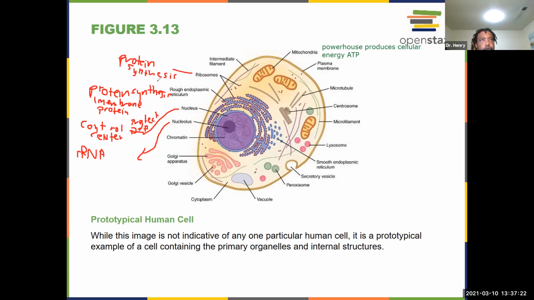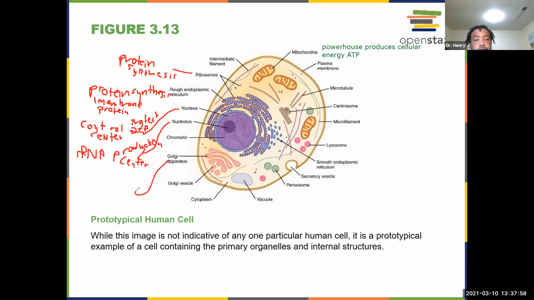And so these RNA structures are what are responsible for building our proteins, your protein synthesis. So all of the RNA needed for your ribosome is made in the nucleolus. I'm skipping around because it all kind of connects.